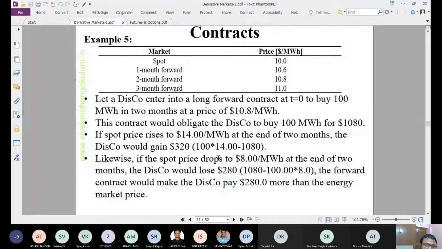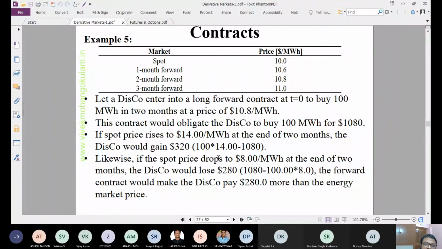So you can see in the table for 2-month forward contract, the strike price is $10.8 per megawatt hour. This contract would obligate the distribution company to buy 100 megawatt hours for $1,080.